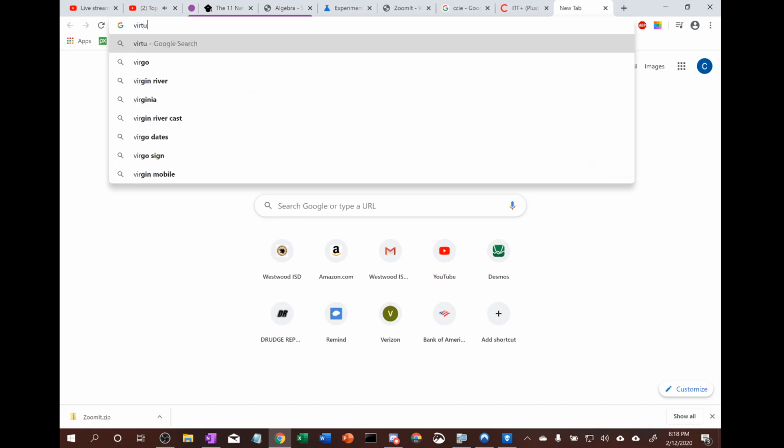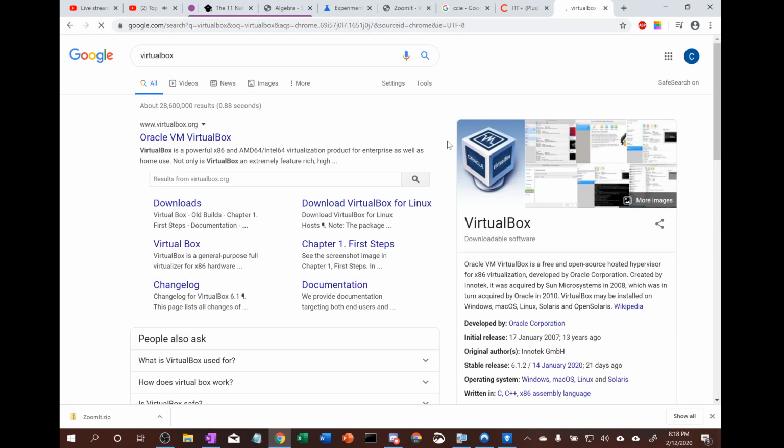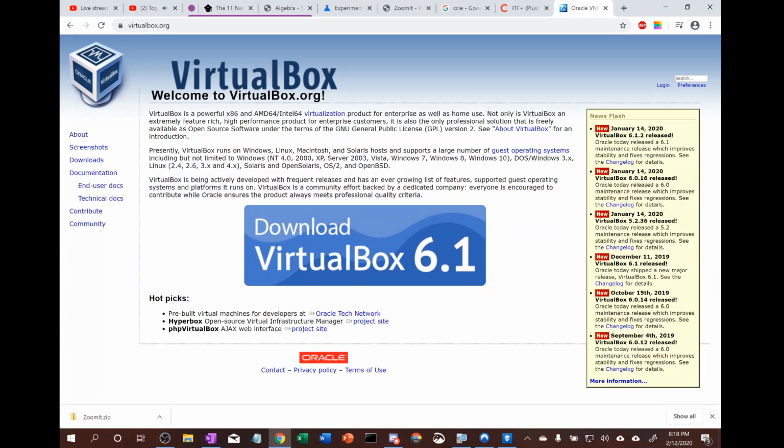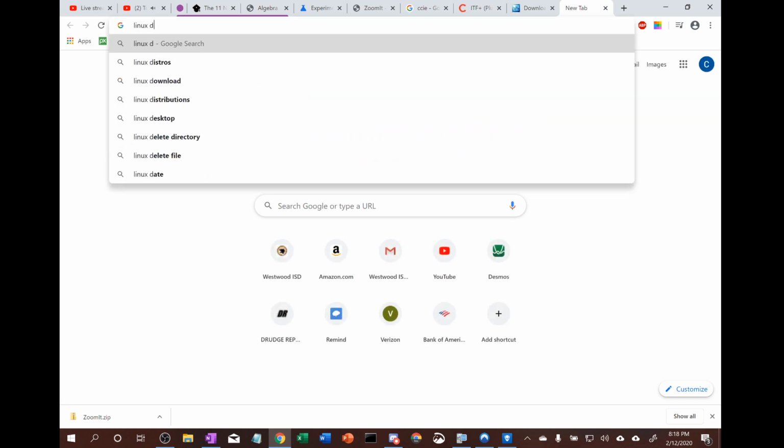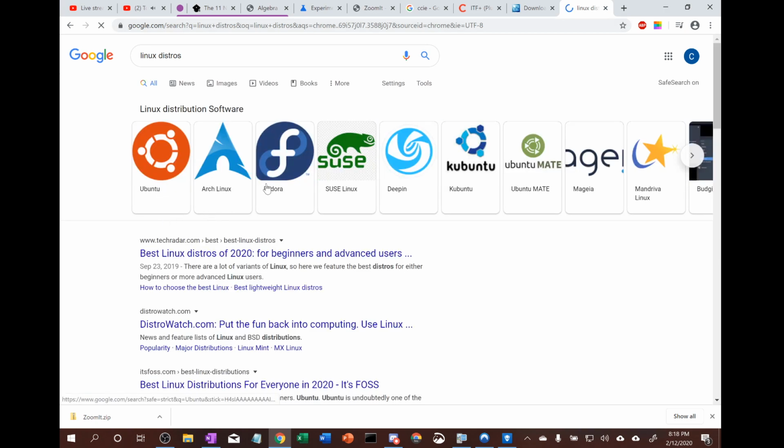Cool, man. Here's something I would download. It's called VirtualBox. You download this on your Windows computer, and then you can load Linux within VirtualBox and run it from your Windows desktop. So VirtualBox, that's what I would run. And then I would go and download a Linux distro. You can choose from any of these: Ubuntu, Arch, Fedora. The one that everyone typically wants to download is Ubuntu.